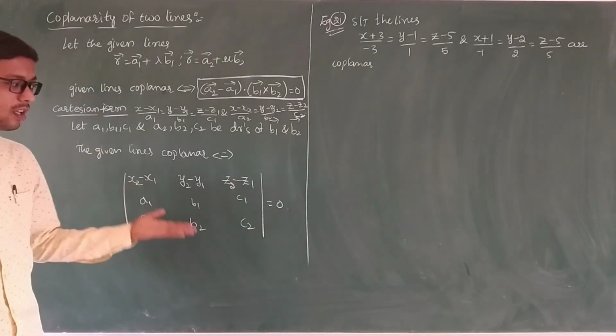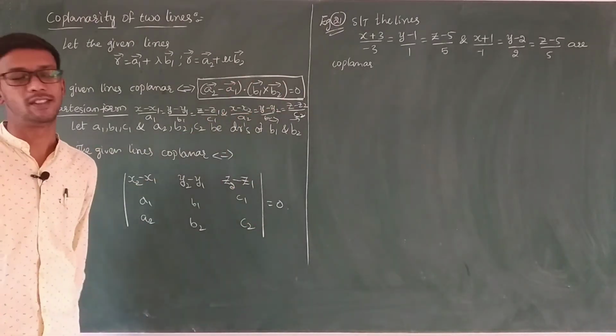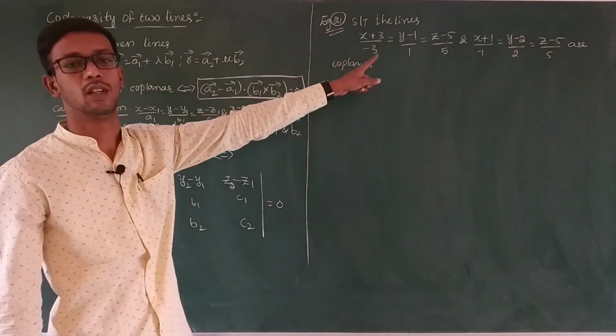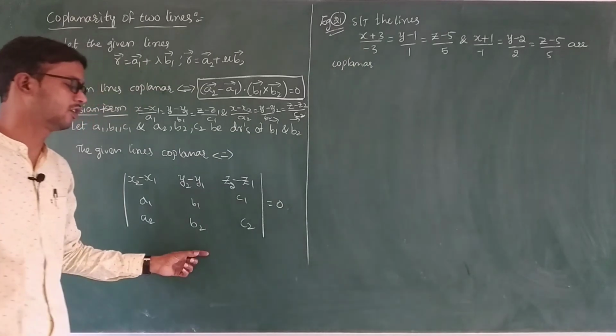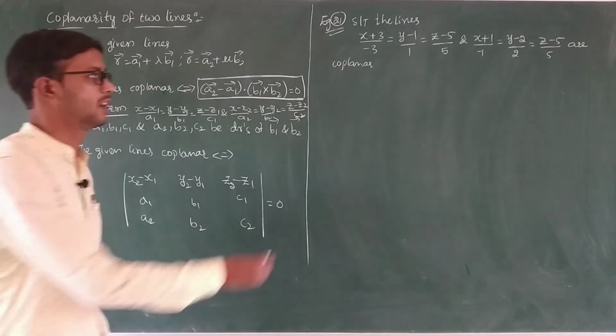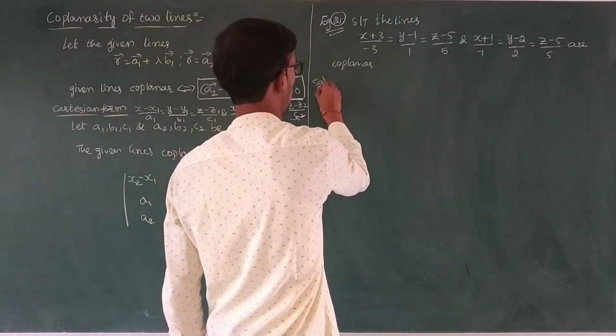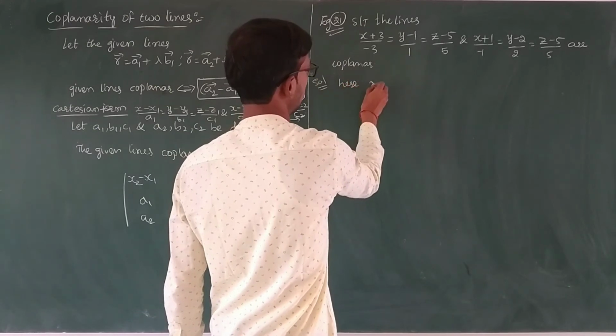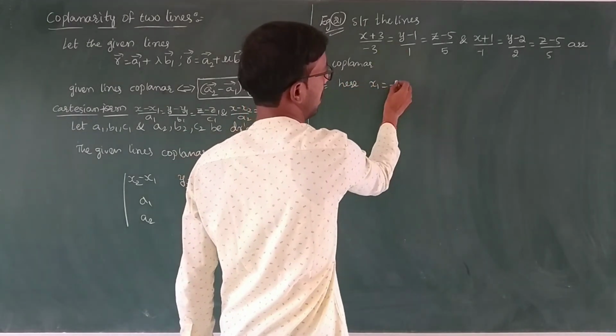So based upon this, we will see one example problem. The given lines are in Cartesian form, and you have to satisfy this condition. So here first of all I will write x1 is equal to minus 3.